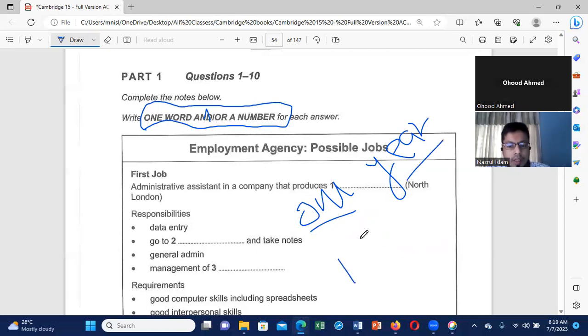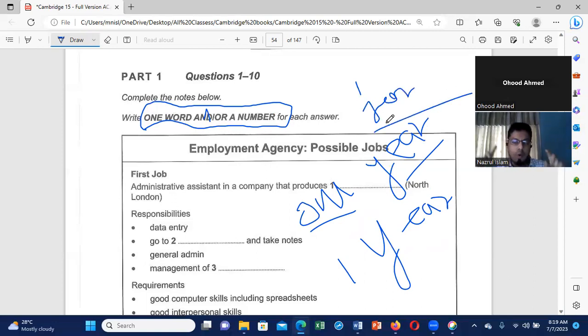But if you write 1 year, this means the second one is right. 1 word and a number. But one, it is a number. Year, it is a word. Clear? One word and or a number. Just see the word and or. It is the issue. And means both number and word. Or means you can see either or. Clear? All right. Yes, clear. Good.